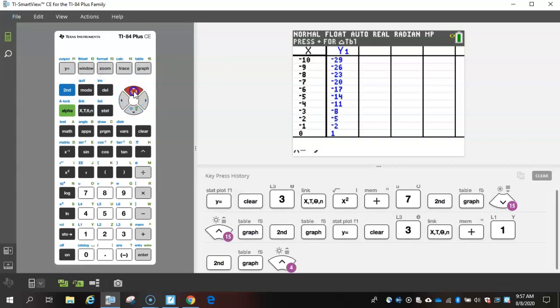Now I can scroll up, but it looks like these numbers just keep going into the negatives, and I can scroll down and see that these numbers just keep going into the positive. So I don't have to worry about these repeating. And I can go ahead and say my domain values are going to be -3, 0, 3, and 5.